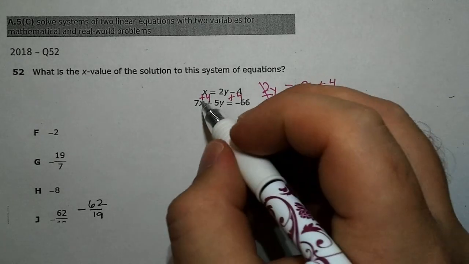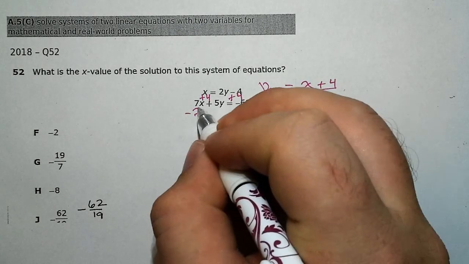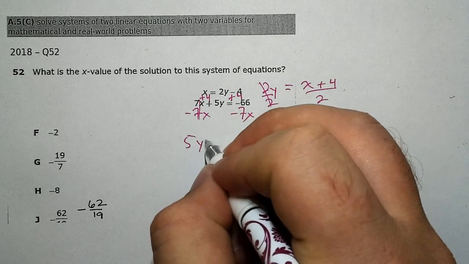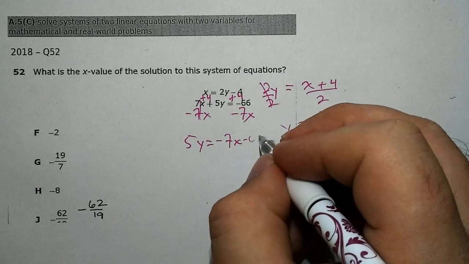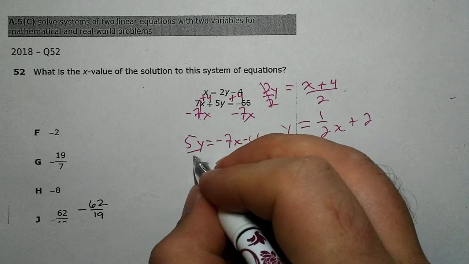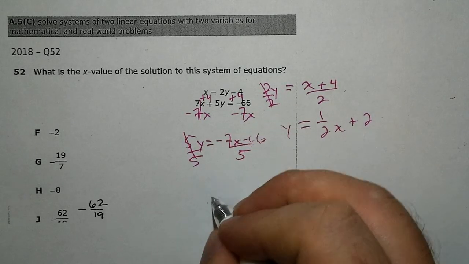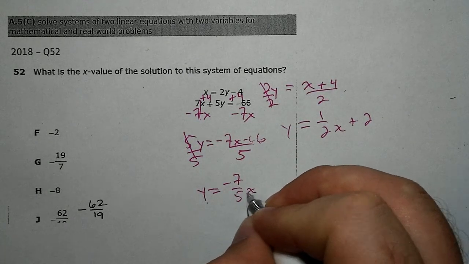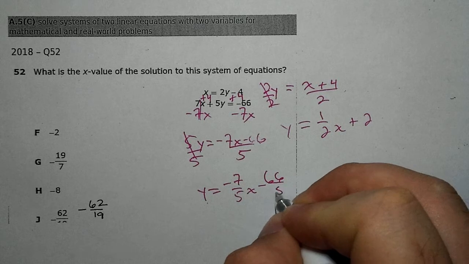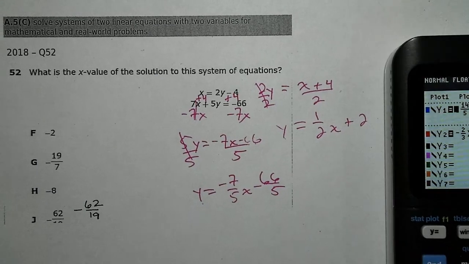There's my first one. Next one, move my X. 5Y equals negative 7X minus 66, divide by 5. Y equals negative 7 over 5 X minus 66 over 5. Let's type these in and figure out what the X value is.